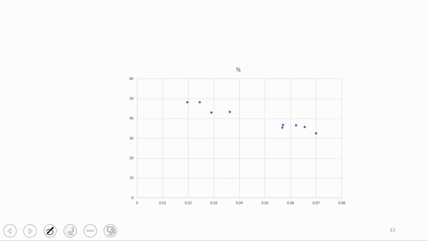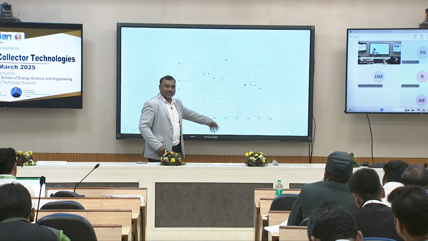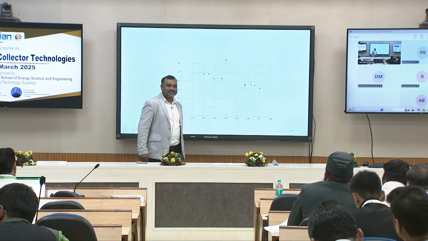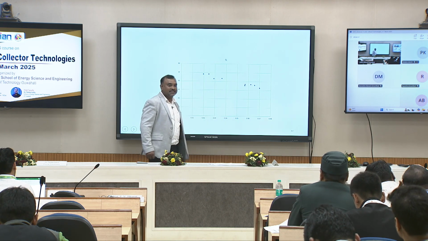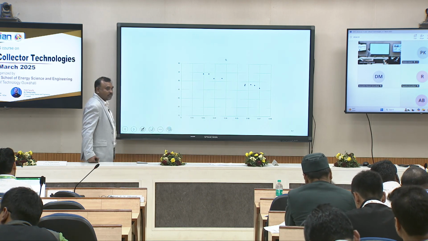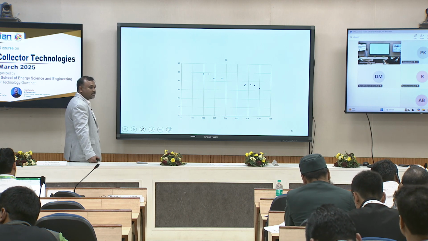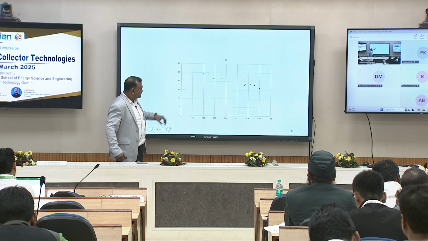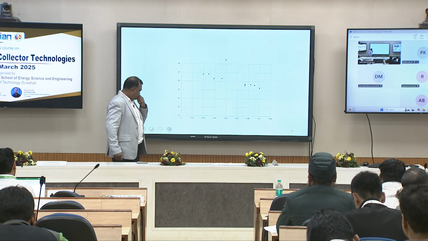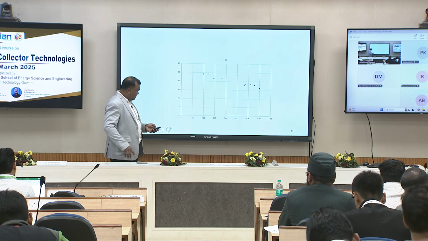If you have a spreadsheet, immediately you can plot it. I have not picked the values, that is why nothing is there on the x and y axis, and of course, this will be efficiency, and this is the other parameter, T f o minus T f i divided by I t. So that means you have these efficiency values.